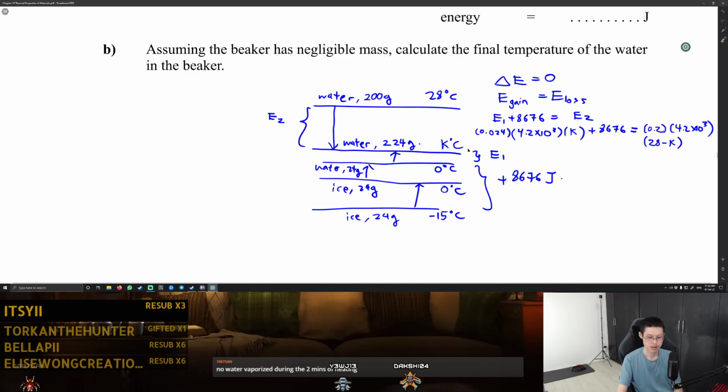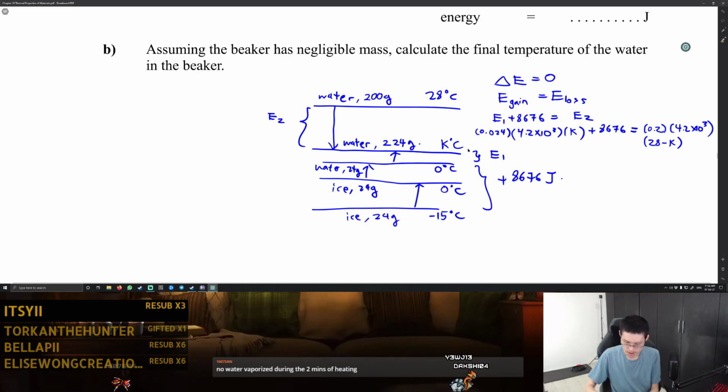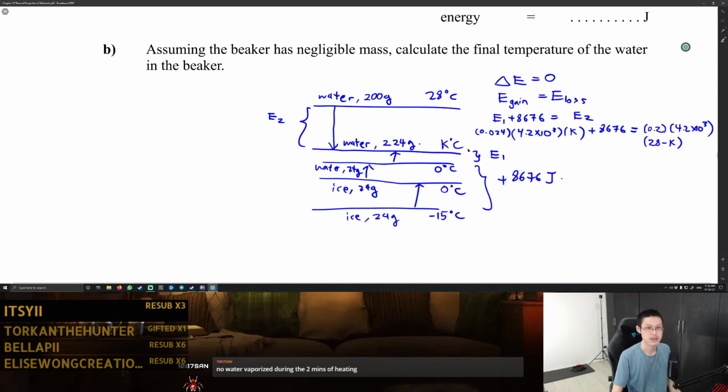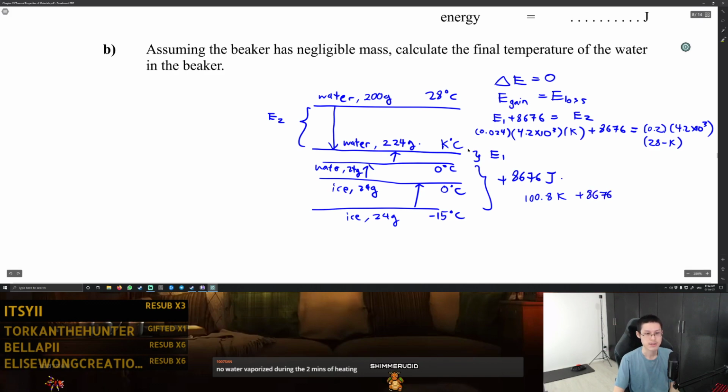Okay, so now we can simplify this using a calculator. What do we get? We get 100.8K. This is a constant K, not kelvins. 8676 equals 0.2 times 4.2 times 10 to the power 3 times 28, which is 23520, minus 0.2 times 4.2 times 10 to the power 3 times K, 840K.